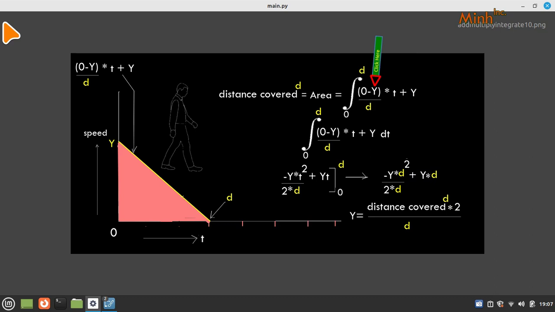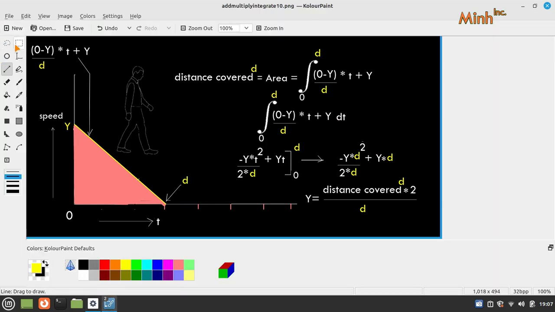Now I have to find the area. If I find the area, I would say that is the distance covered, how much distance he covered in d time. So the area of this from 0 to d. Now the way we have seen, we can denote it as ty dt. I would rather say it should be in braces.